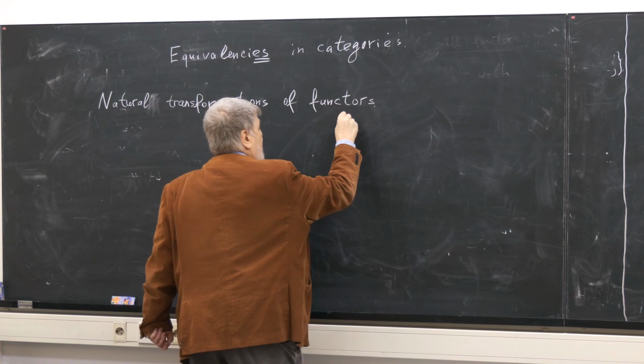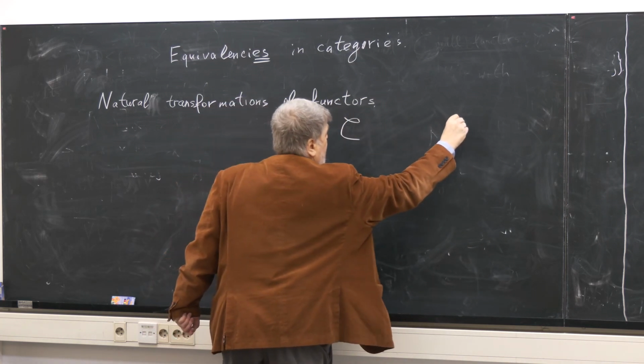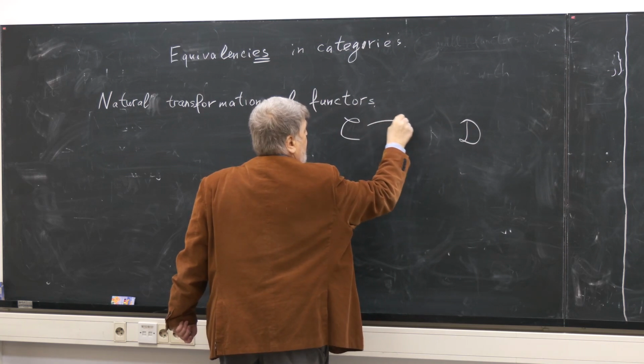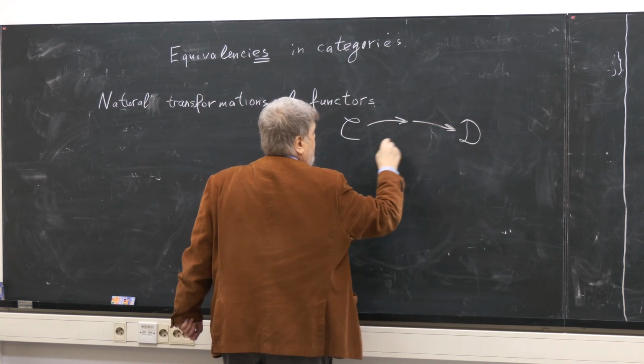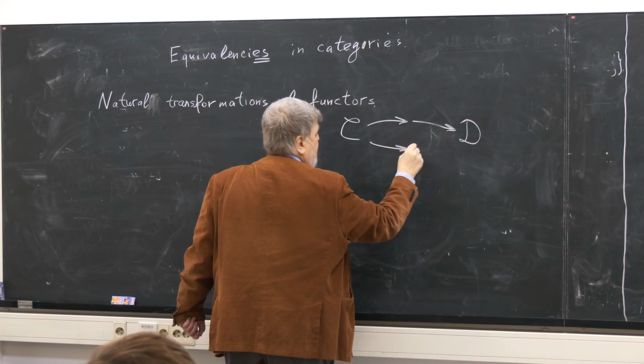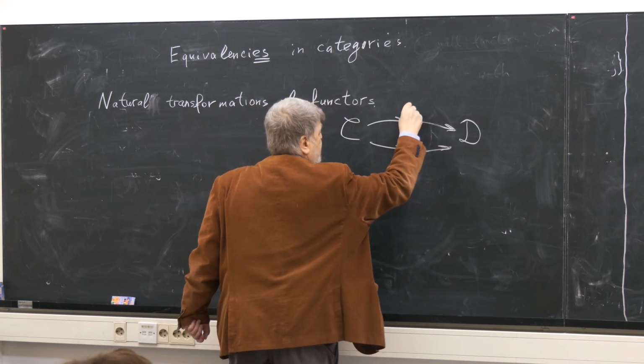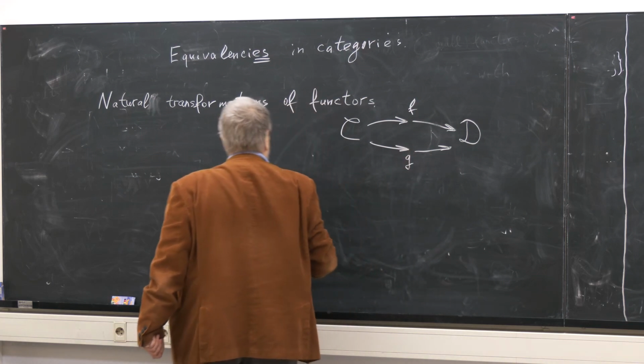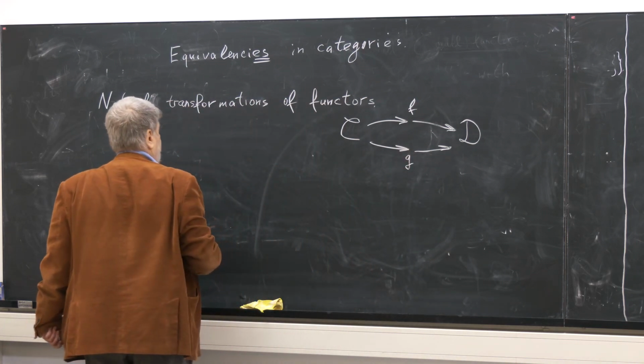So suppose now we have two categories and two functors in the same direction, F and G here.